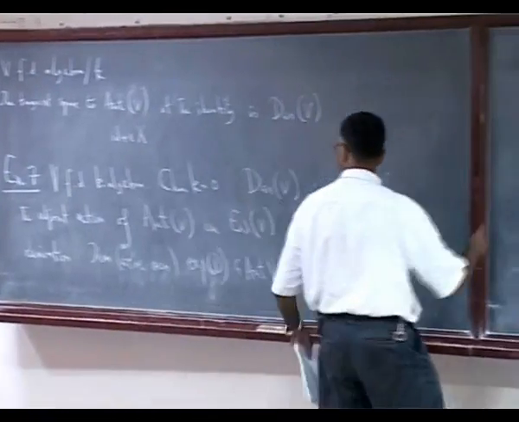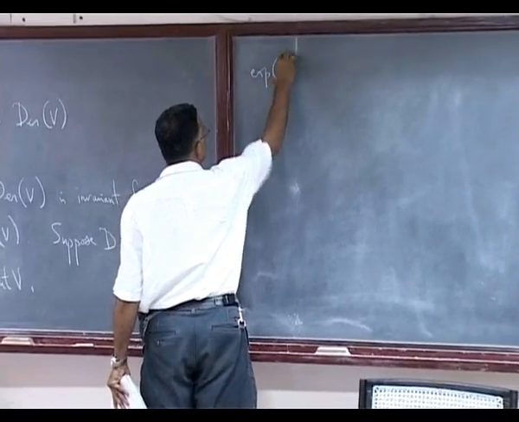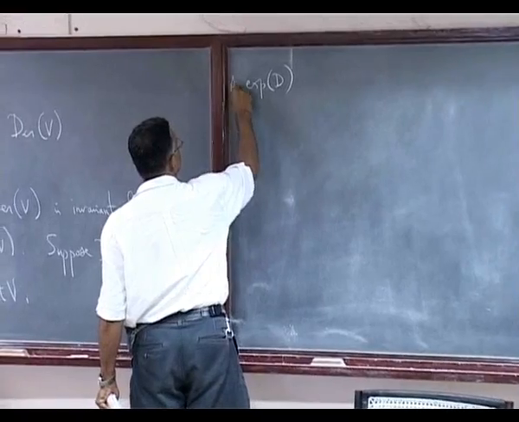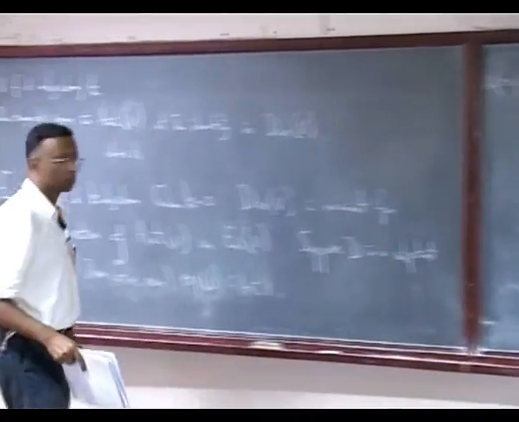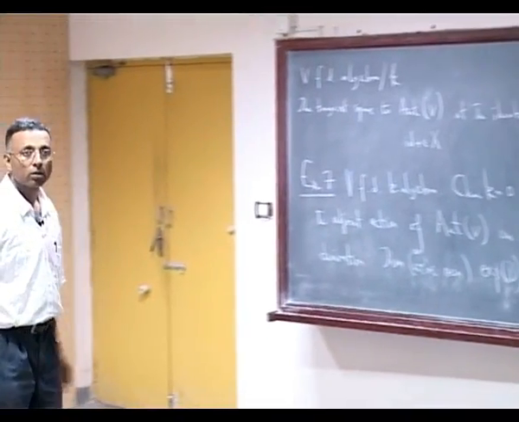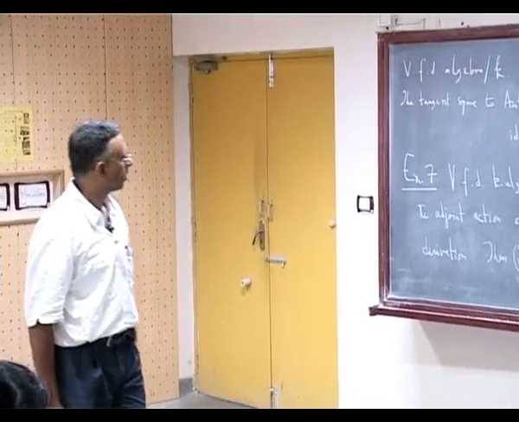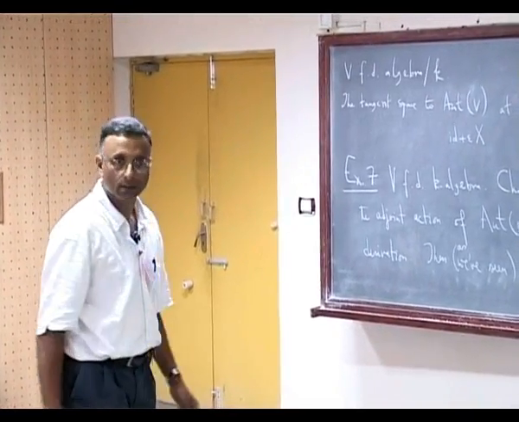So it makes sense to ask the following question. If I take the adjoint action of exp D, then you must get Der V invariant, sitting inside Der V. Yes, that's correct.